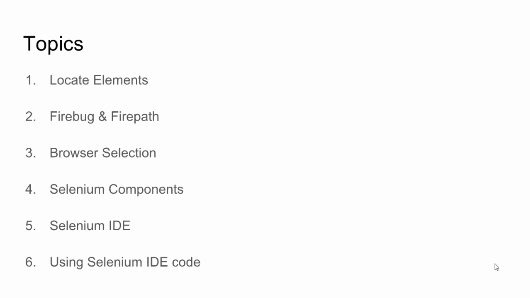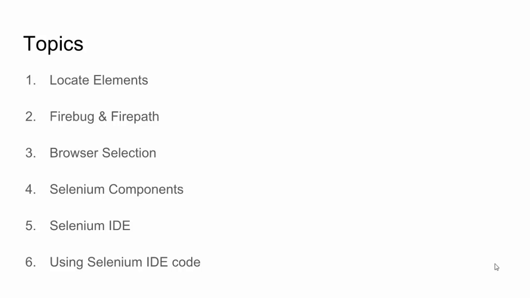Then number 4, Selenium components. Since Selenium was created in the early 2000s, it has gone through several different upgrades or modifications. So we'll discuss what the different components of Selenium are, and what different flavors of it there are.